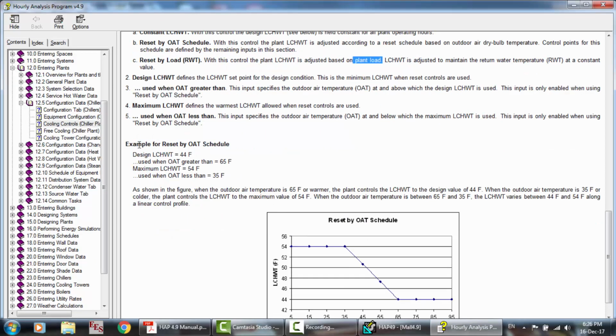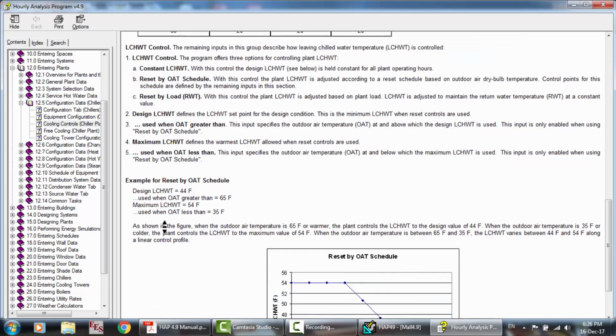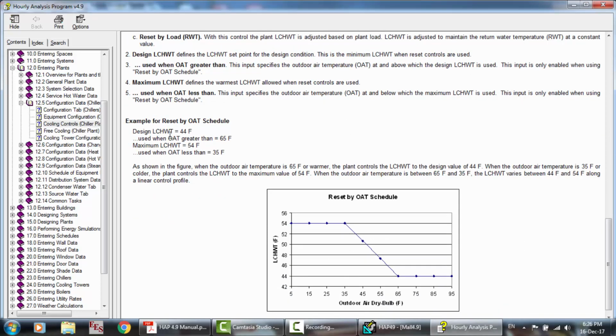Reset by OAT schedule, for example. So design LCHWT is equal to 44 Fahrenheit, used when OAT is greater than 65, and maximum LCHWT 54F used when OAT is less than 35.